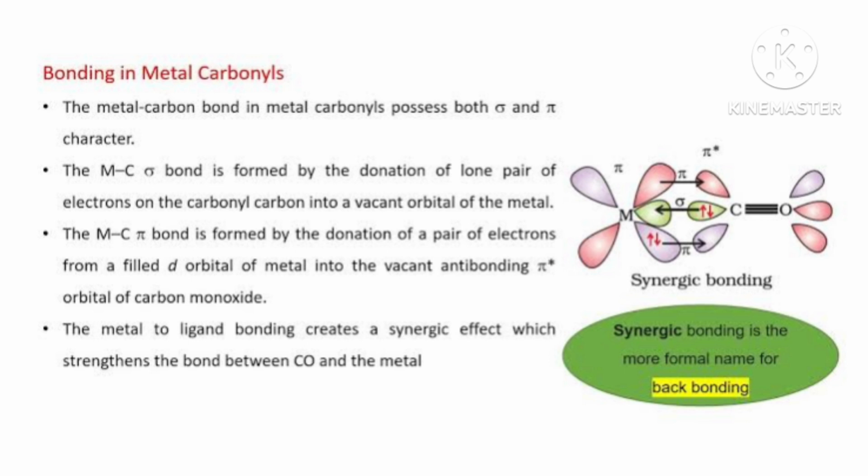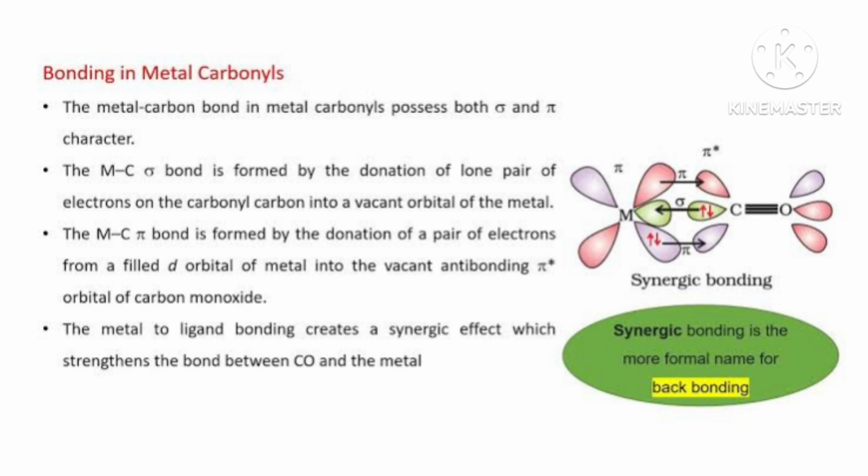Now next is Fe(CO)5, which means pentacarbonyl iron. Here Fe is in the middle and 5 carbonyls are joined to the iron, and its geometry is trigonal bipyramidal.